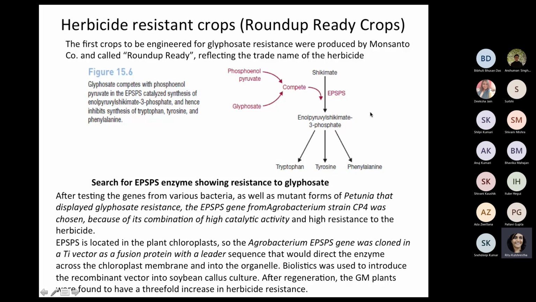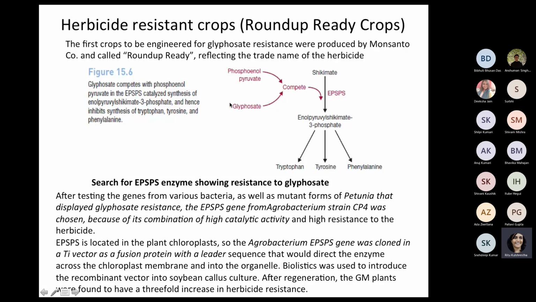And if this pathway is perturbed, then you will not have the synthesis of these amino acids, and the plant cell, or any cell, will die. So it was realized that we can kill this pathway. That's how this particular herbicide was developed.